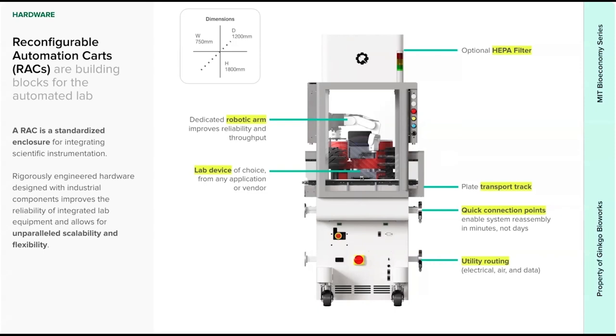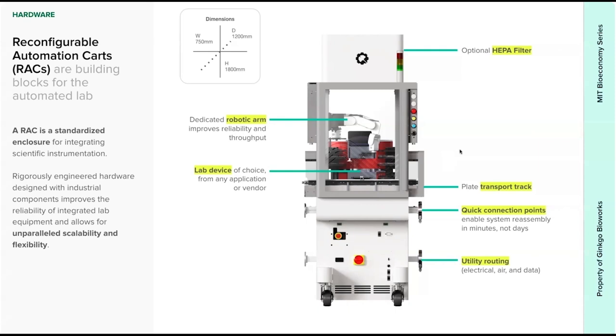reconfigurable automation cart. There are interlocks that allow this cart to merge up to a maglev rail. And so with that, what we can do is essentially have a Lego set for liquid handling robotics, for analytical systems.